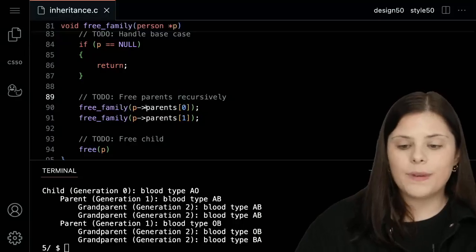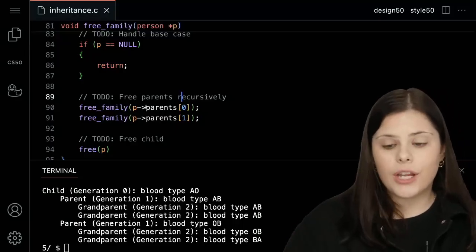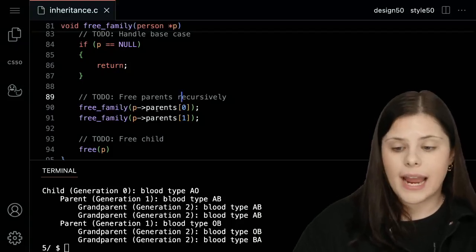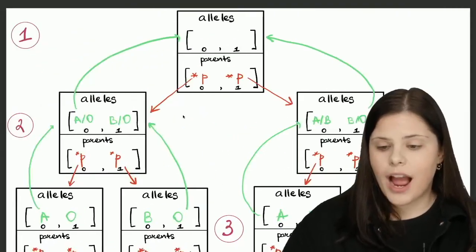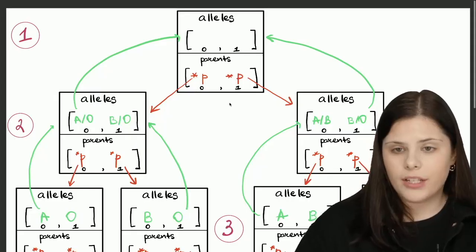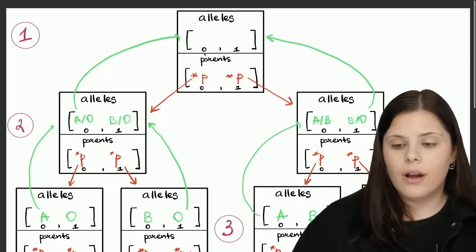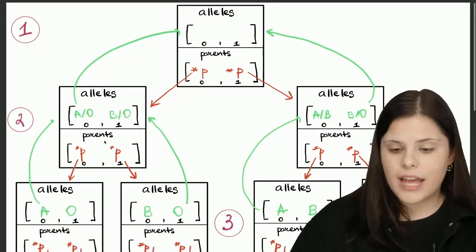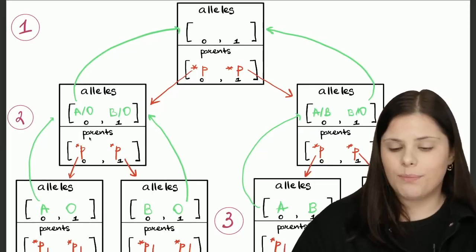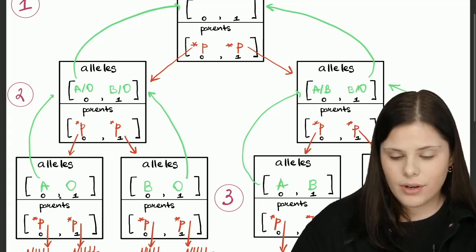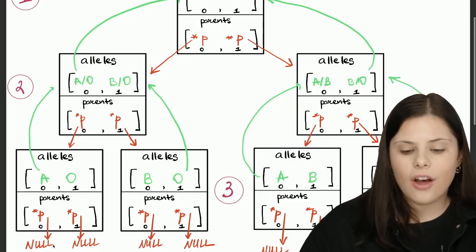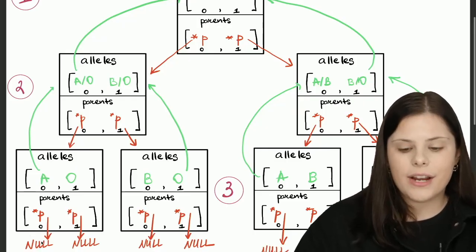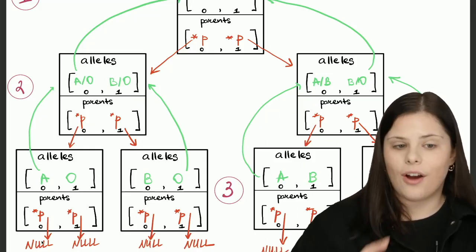And the base case will be when we reach the parents. So if I keep calling P arrow parents 0, there will be a point where I start on my very top node, I go P parents 0, it is not null, so then I go again P parents 0, this is also not null, so then I go P parents 0, and then I hit null in the very end, and this is how I know I freed that side of the list.